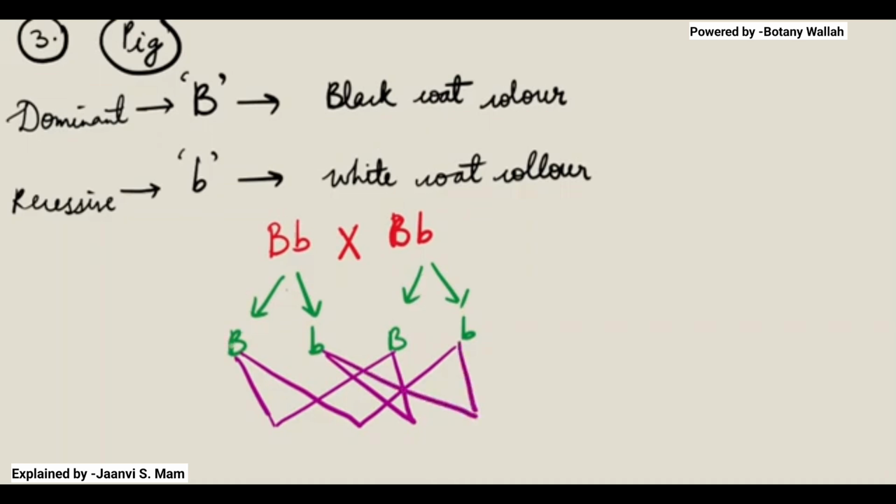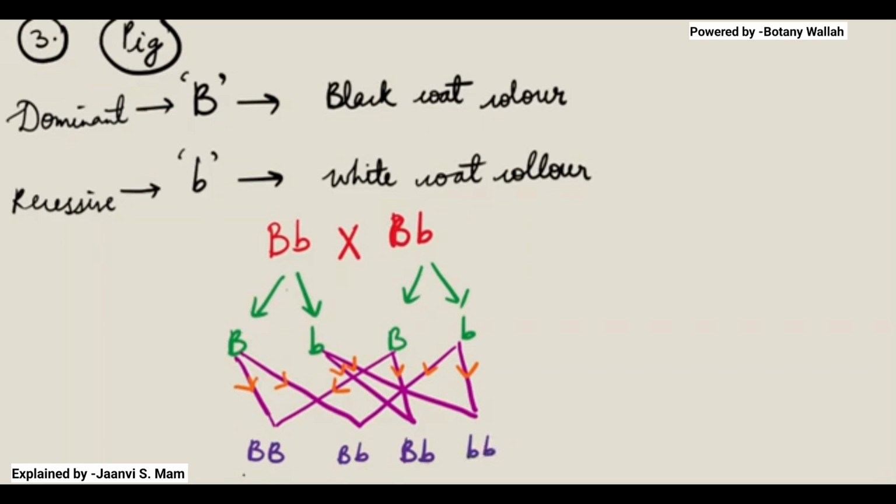You have to put the arrows this way. What are the possibilities we are getting? Capital B, capital B, then capital B, small b, then capital B, small b, then small b, small b.